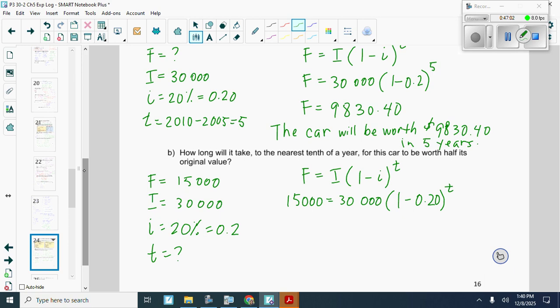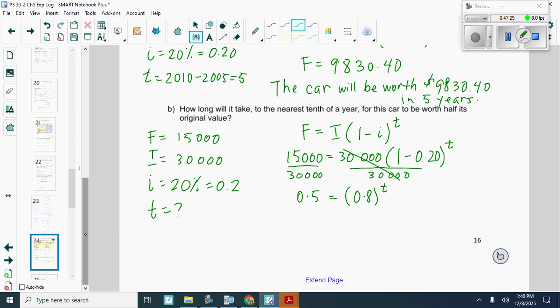When our unknown is in our exponent, guys, this would be a great time to use logarithms. So if we divide both sides by 30,000, we're at this point. Don't forget the base of the exponent becomes the base of our log.